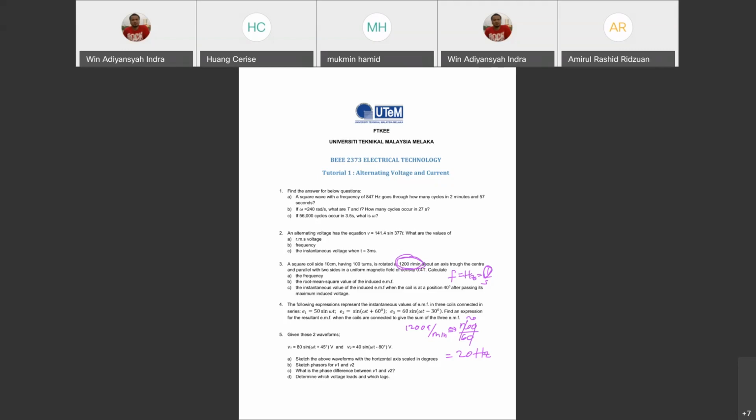Don't mix it with the 100 turns. 100 turns, this is capital N. It doesn't say turns per minute or per second. It's just turns, so it's different.